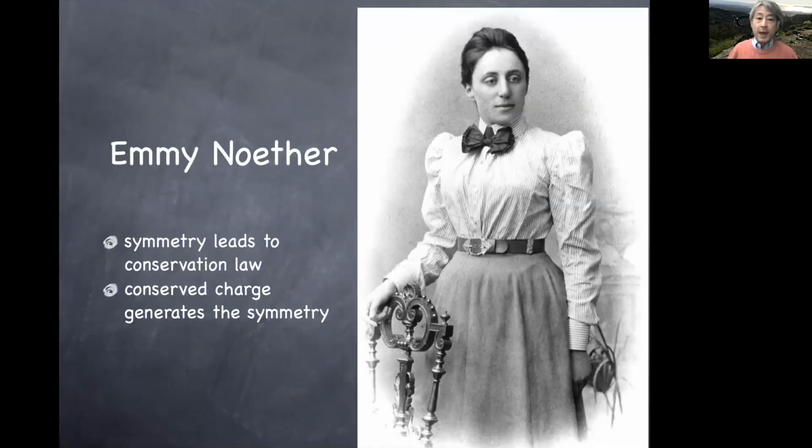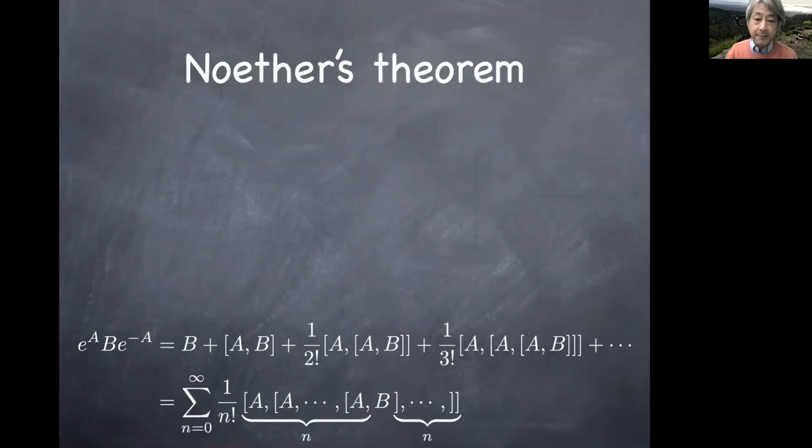So as you all know, Emmy Noether proved this theorem, Noether's theorem, that the symmetry of a system leads to a conservation law. And later on, we also learned that the conserved charge generates the symmetry. So it goes both ways. Symmetry leads to conservation law, and conserved charge generates the symmetry. And let me tell you what I mean by this second statement.